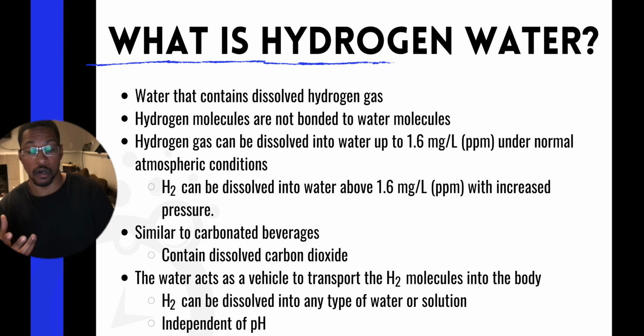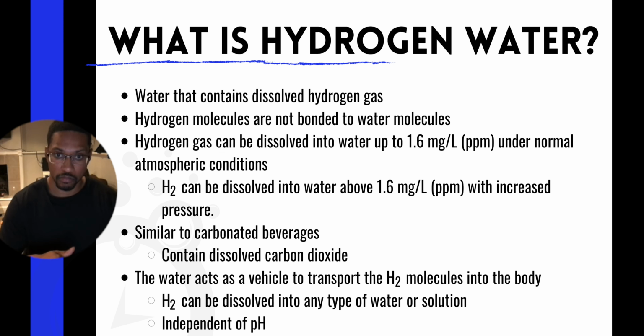So we all know of H2O, right? Two hydrogens, one oxygen forms the water molecule. They're all covalently bonded together. However, what actually makes up the water molecule is a hydrogen atom, totally different from molecular hydrogen gas. Hydrogen gas is a gas that can be dissolved into the water.